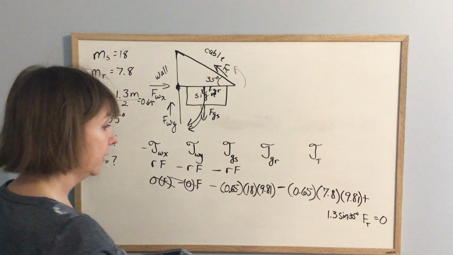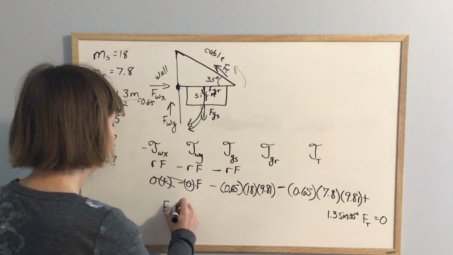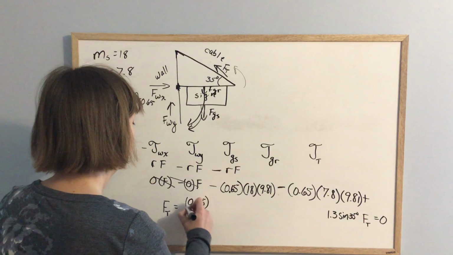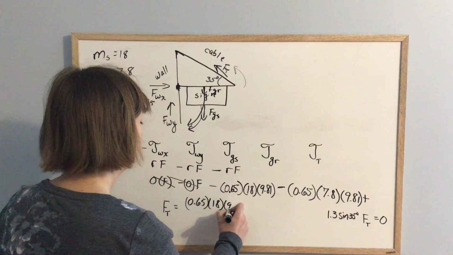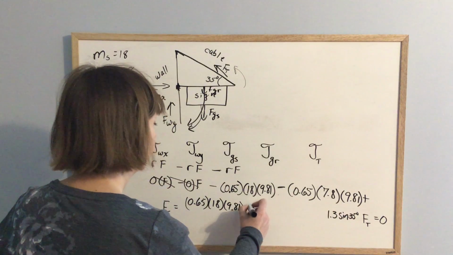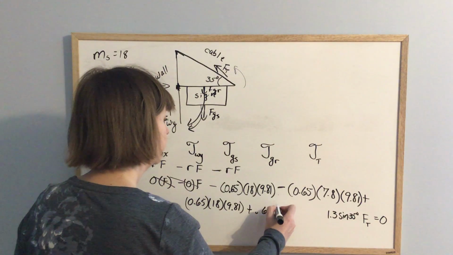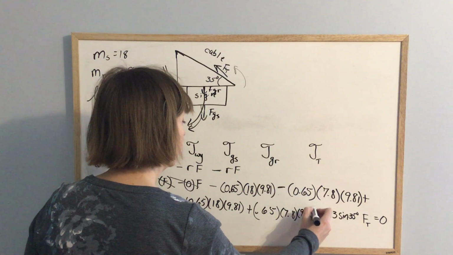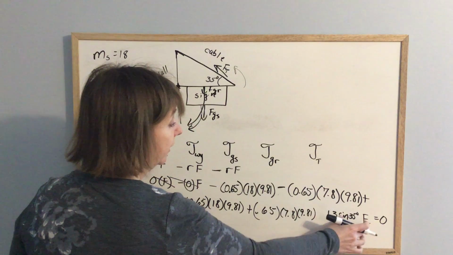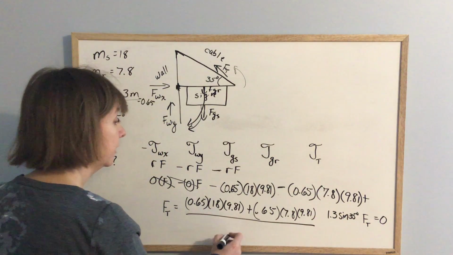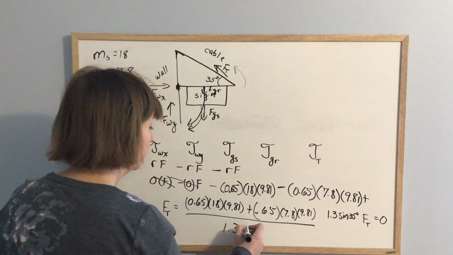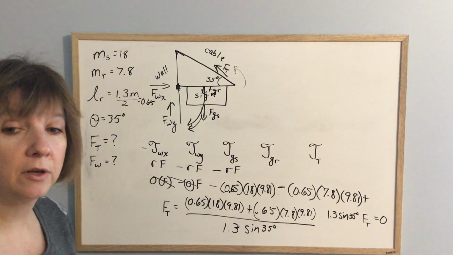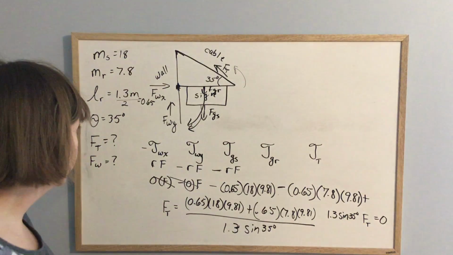I would end up doing force of tension is, and I'd move that over, so 0.65 times 18 times 9.81, and I'd move that over, so plus 0.65 times 7.8 times 9.81, and then I'm multiplying, so I'm going to divide by 1.3 sine of 35. And that should give me my force of tension.